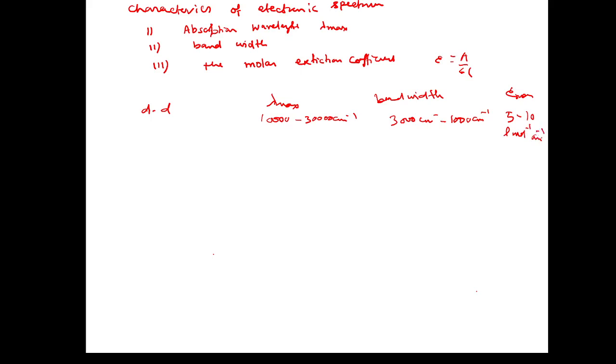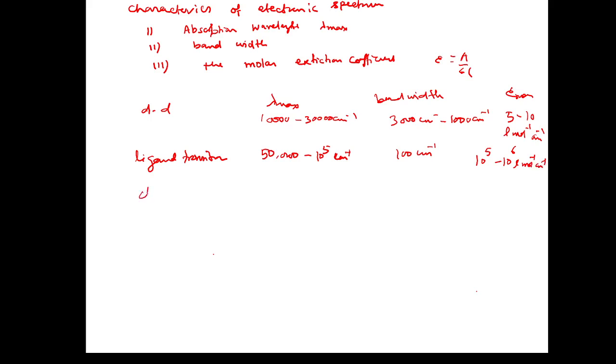For ligand transition, their lambda will be 50,000 to 10 to the power 5, 1 lakh centimeter inverse. Their bandwidth will be very small, like 100 centimeter inverse, and their epsilon will be 10 to the power 5 to 10 to the power 6 liter per mole per centimeter.